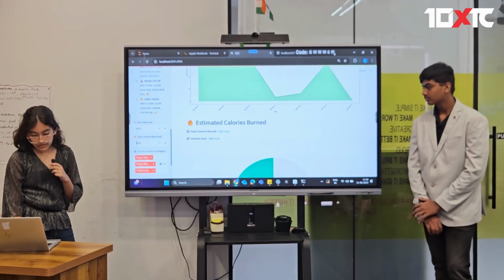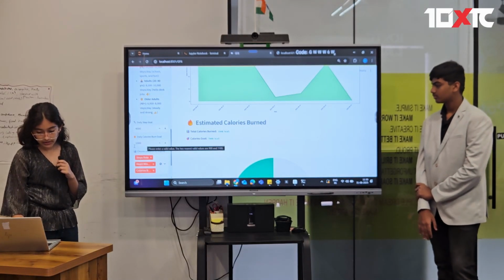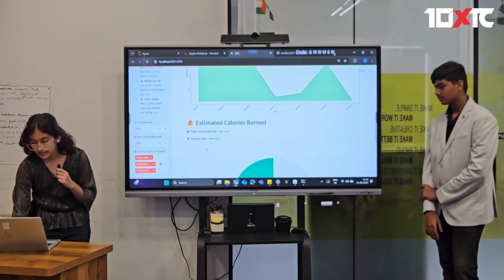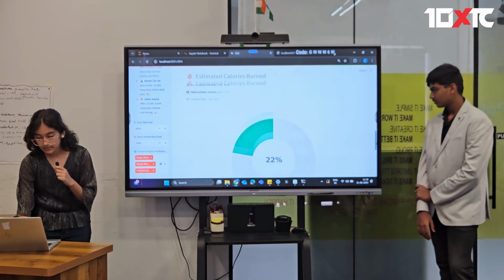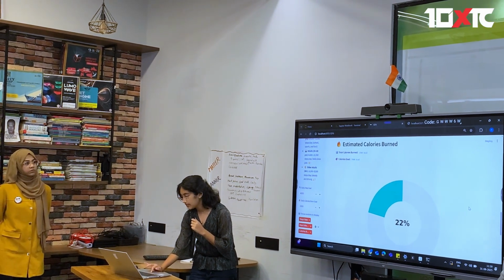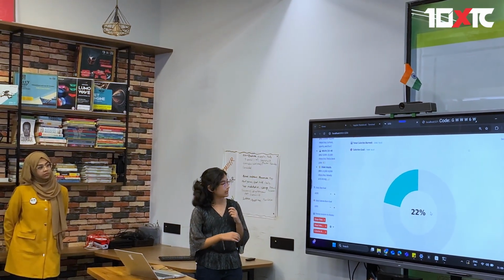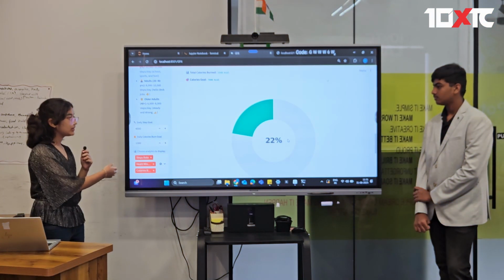Over here you can see that the daily calorie burn goal was 1000, and into 7 that becomes 7000. The graph displays how many calories out of your goal you have burned and how many are remaining.